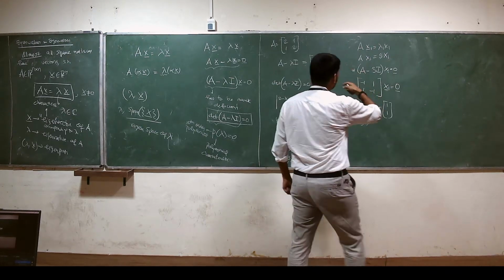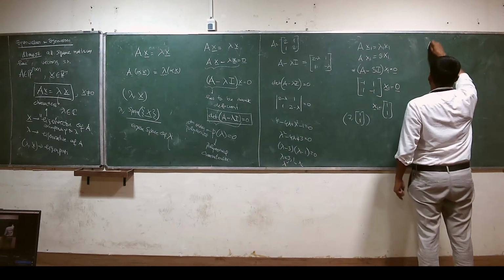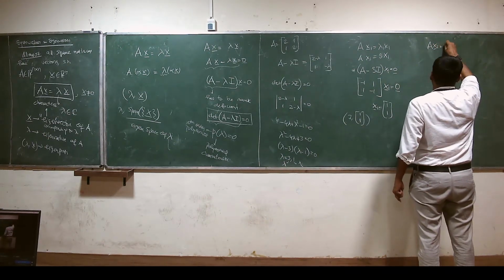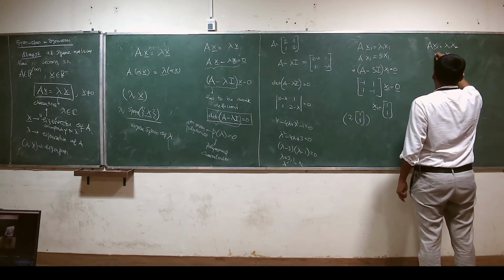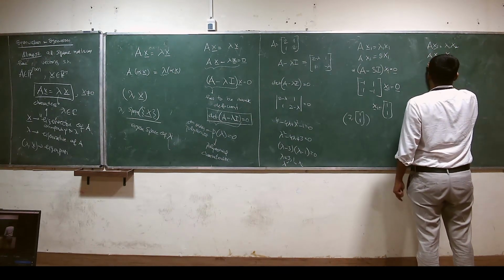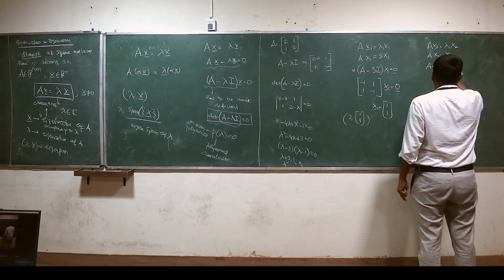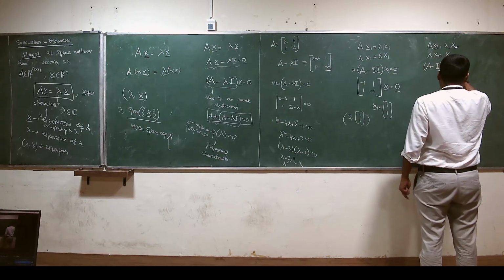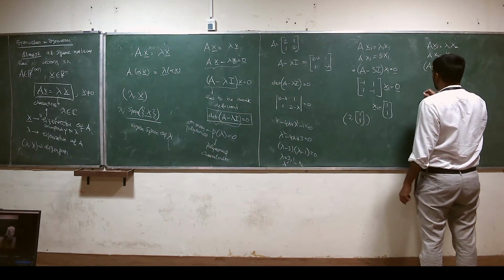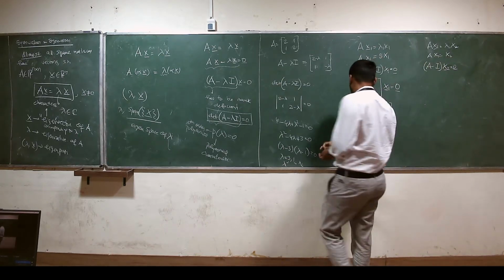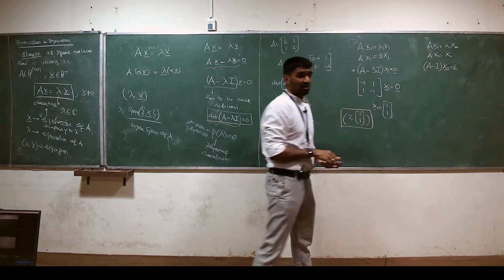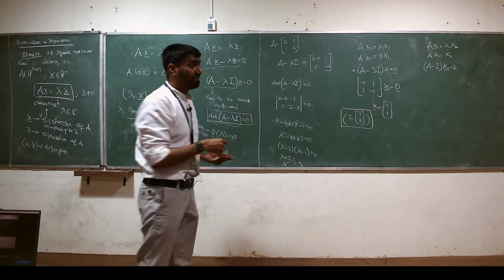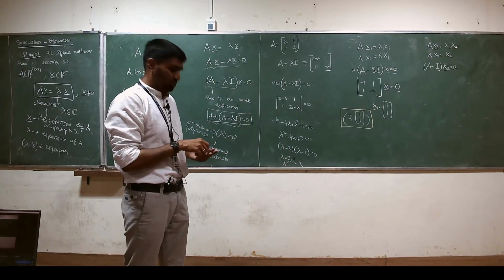What about the second one? So we have another eigenvalue which is lambda 2. Lambda 2 is 1, so that implies (A minus I) x2 is 0. What is the eigenvector corresponding to lambda 2?